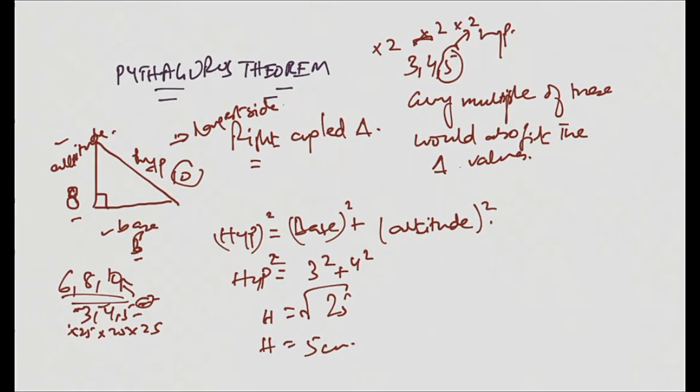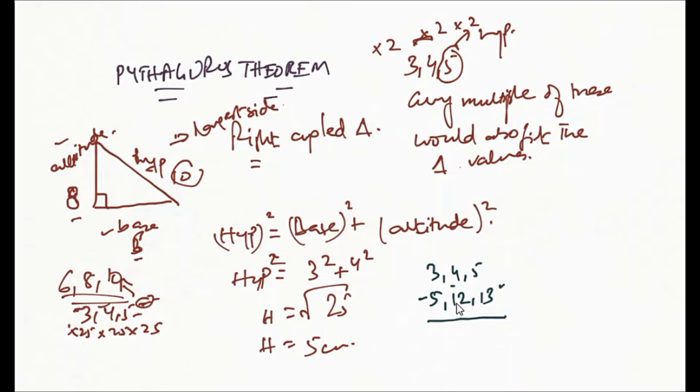Okay. Now another thing that we have to discuss in this is that these are not the only ones, right? One we have identified: 3, 4, 5. The other one is 5, 12, 13. Right? This is the hypotenuse. This is 5. This is 12. Right? 5, 12, and 13 are other ones, and you should try to memorize them.